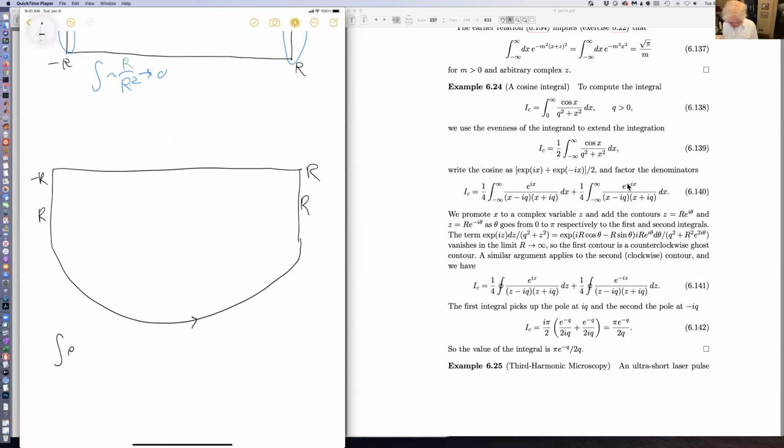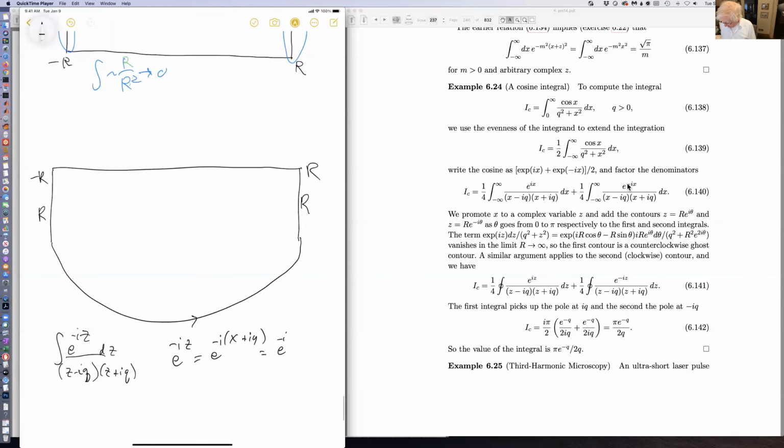So this is e to the minus iz over (z minus iq)(z plus iq), dz, and e to the minus iz is e to the minus ix plus y, that's e to the minus ix times e to the y.